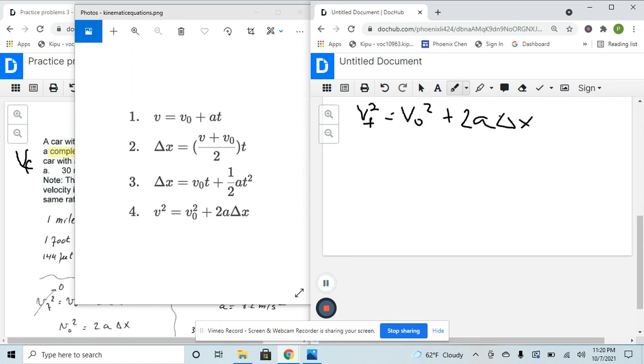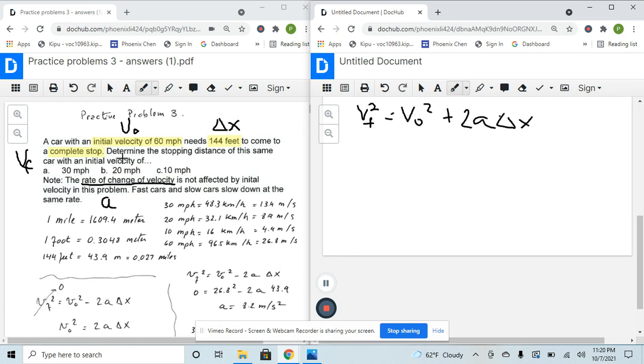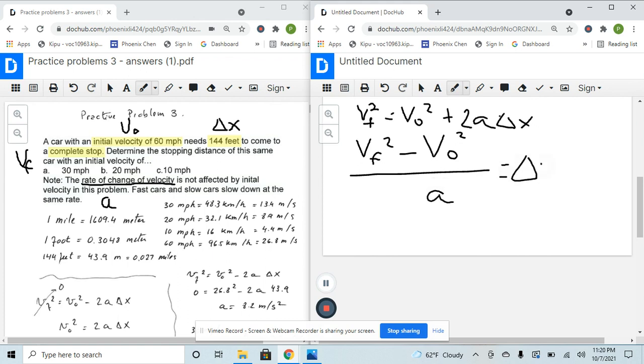Now we're solving for delta x because we're determining the stopping distance, right? We're looking for our displacement. So we're going to rearrange it: final velocity squared minus initial velocity squared, over 2a, should give us our delta x, the stopping distance.